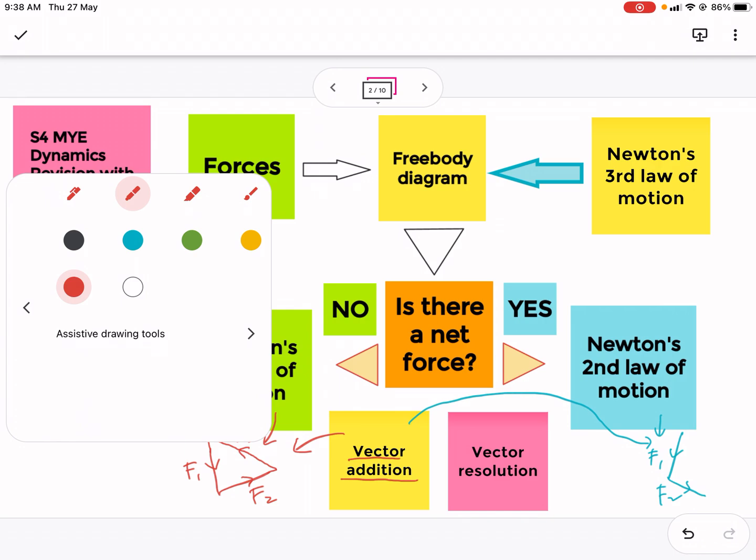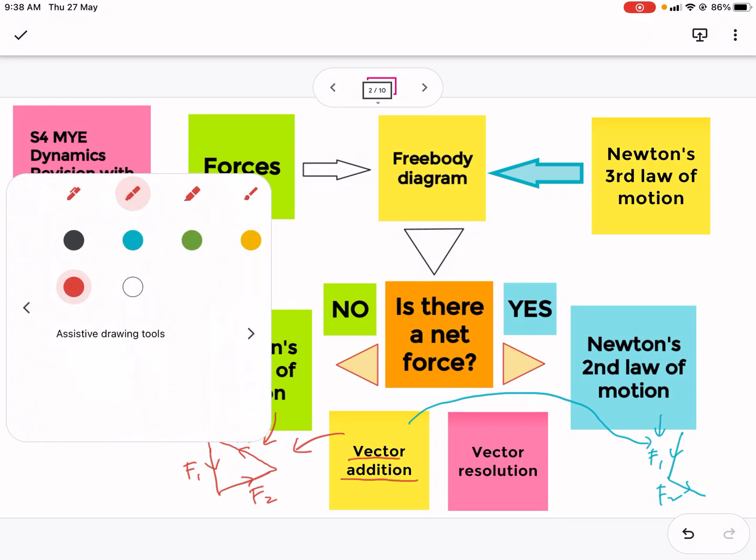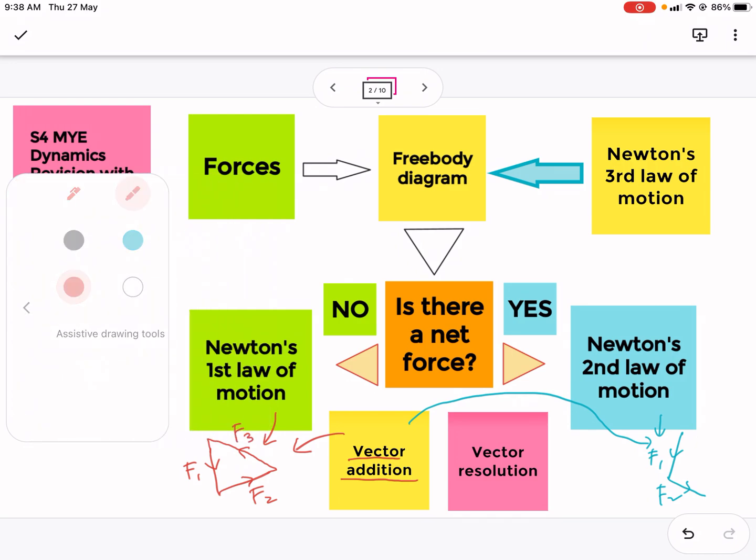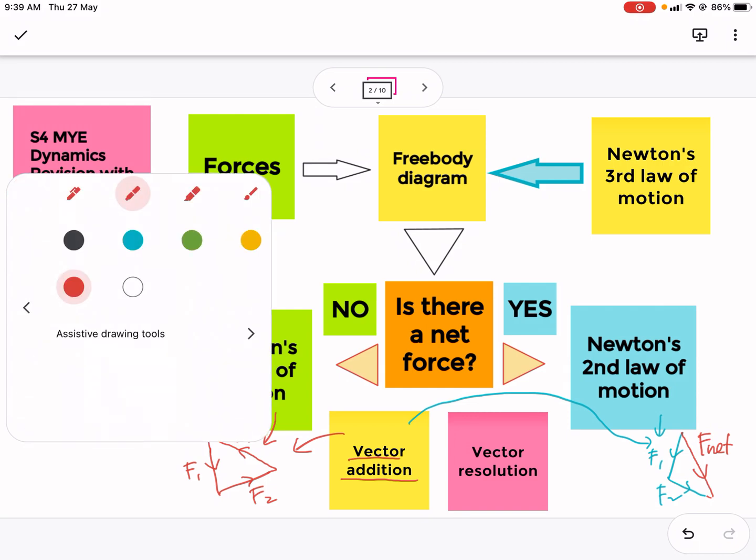You start from the start of the first force and join it to the end of the second force. This will give you the net force caused by F1 and F2. So this is vector addition.